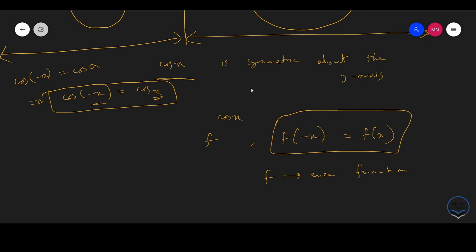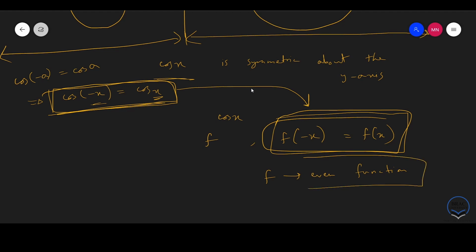So since we know that the cosine of minus x is equal to the cosine of x, well, we can see that this equation is being satisfied for the cosine of x. Right, so the cosine will be an even function, and even functions are symmetric about the y-axis.